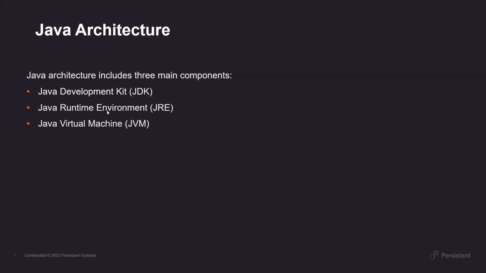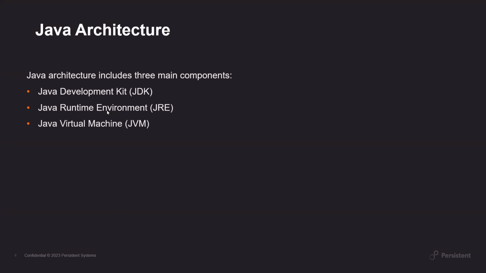Now I'll take you through the Java architecture. Java architecture is a collection of components like the Java Development Kit, Java Runtime Environment, and Java Virtual Machine. This architecture explains how each and every program is compiled and executed.